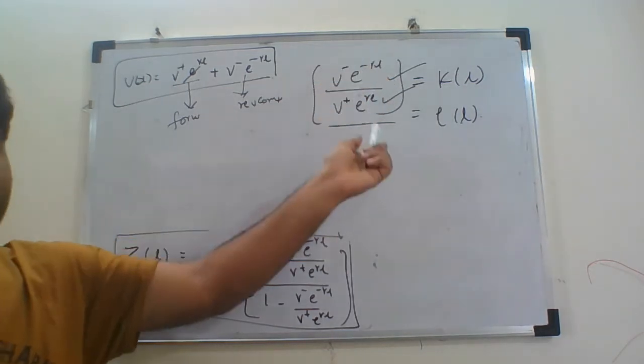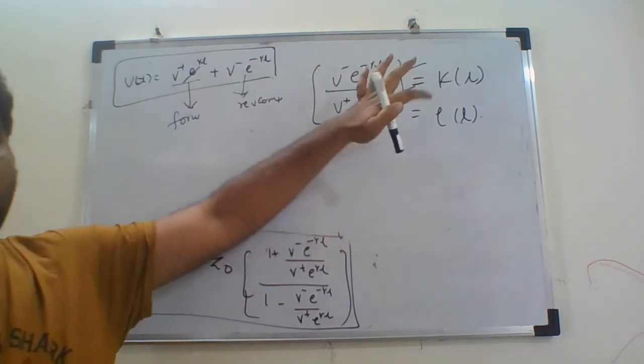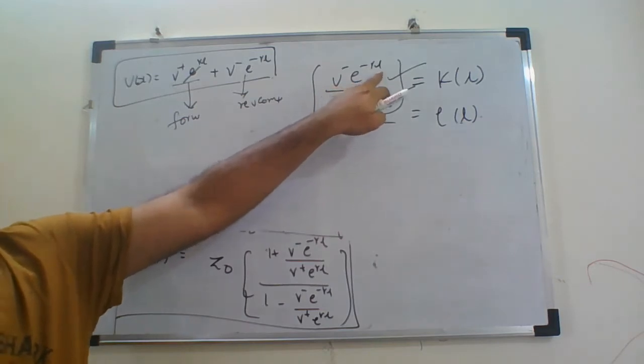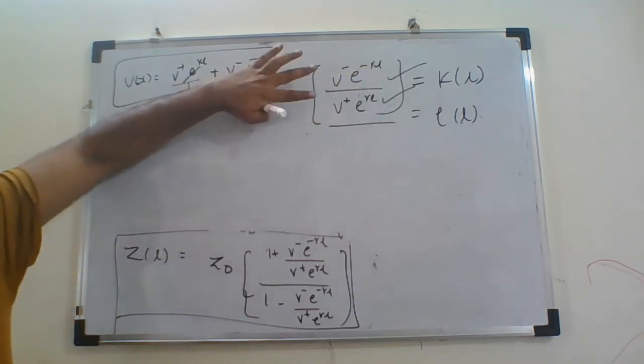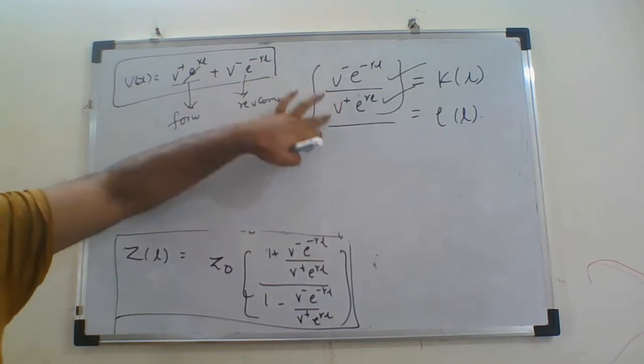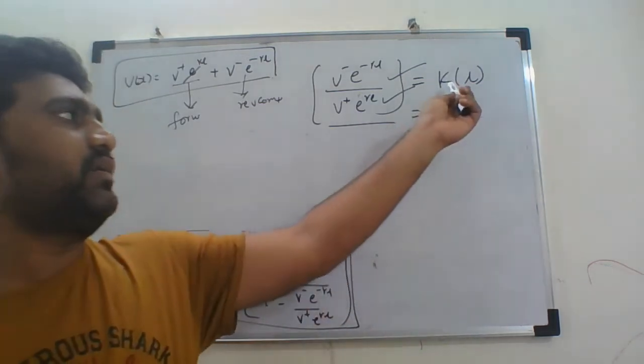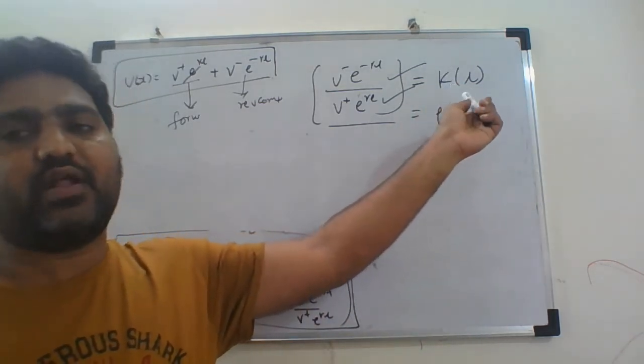It's a complex quantity, it's not just a ratio. So this complex quantity represents the reverse component to the forward component. We call it the reflection coefficient of the transmission line.